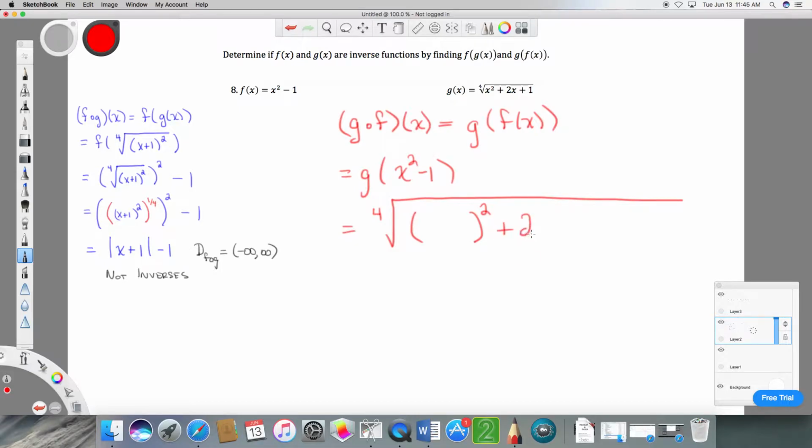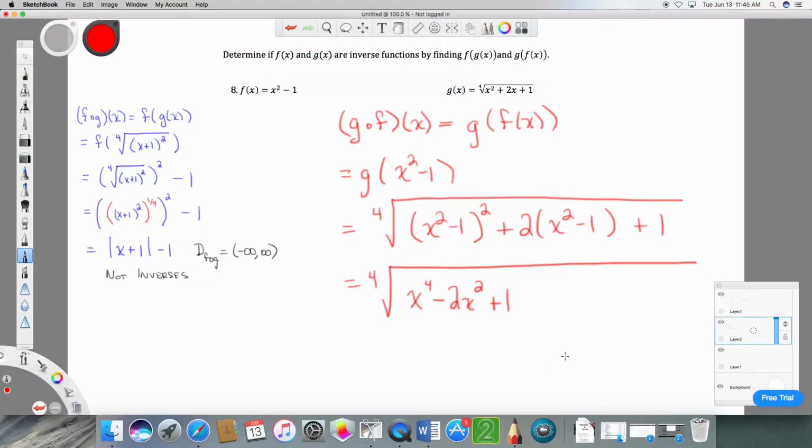The second term is 2 times that input, and the last term is plus 1. Well, we have an input of x squared minus 1. So we need to simplify what's underneath this radical. So x squared minus 1 quantity squared is x to the 4th minus 2x squared plus 1.